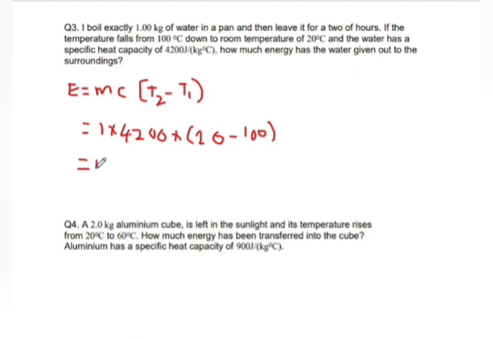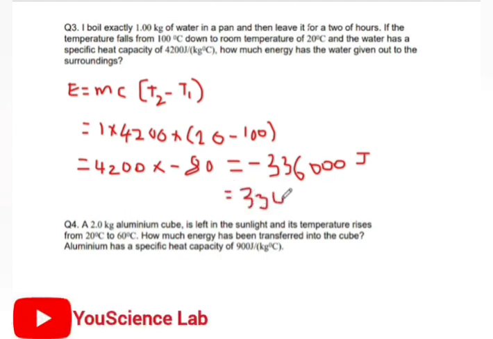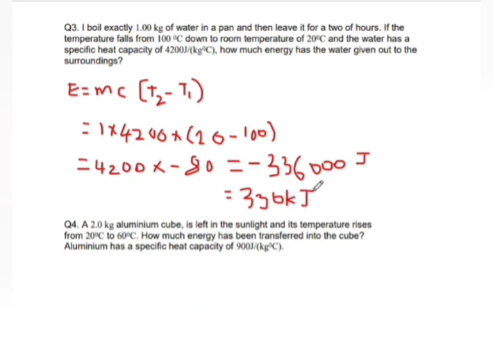That is 1 times 4200 times minus 80. It's going to give us minus 336,000 joules. The negative sign shows that heat is given to the surrounding. Dividing by 1000 gives us 336 kilojoules.